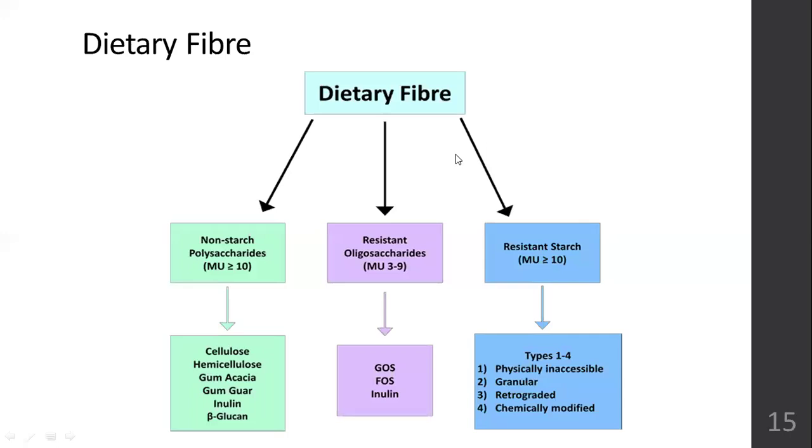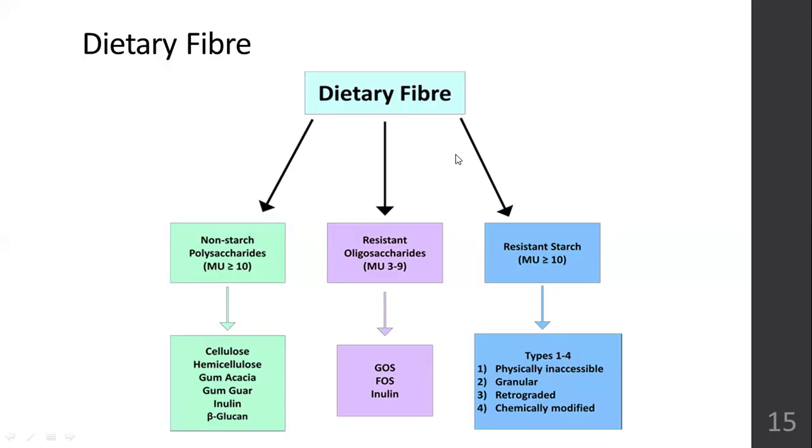So dietary fiber can usually be classified into three main categories. One is your non-starch polysaccharides, then resistant oligosaccharides, and resistant starches. Resistant oligosaccharides also have the same function: they stay back and get fermented in your intestine.